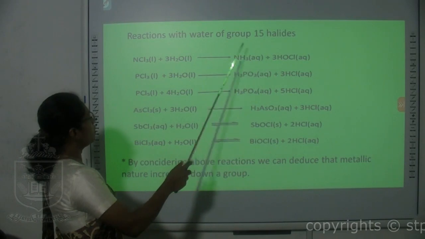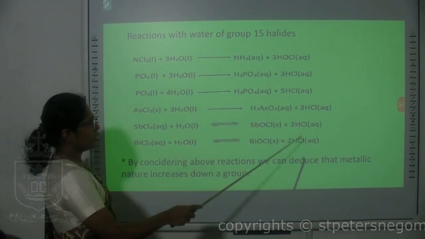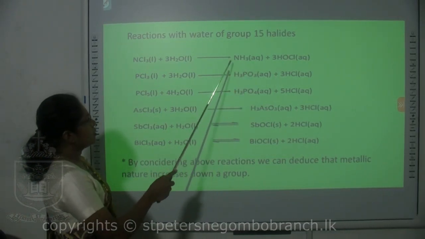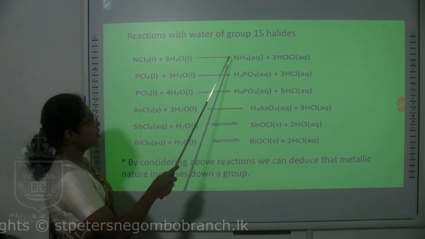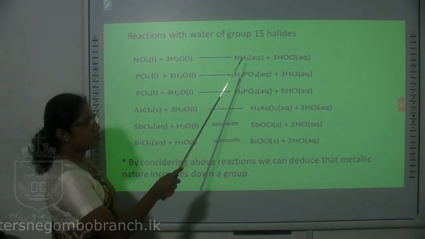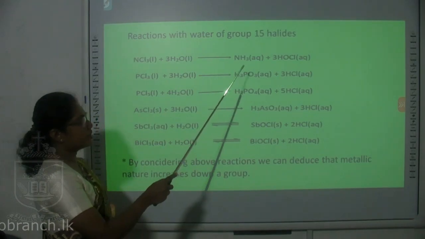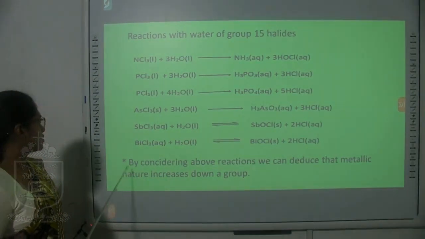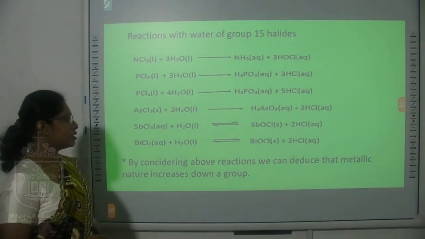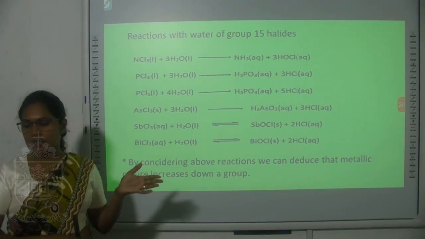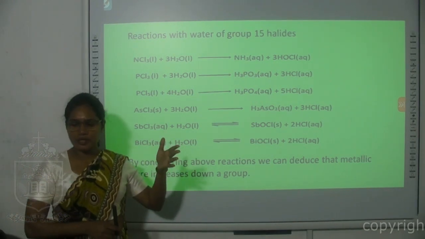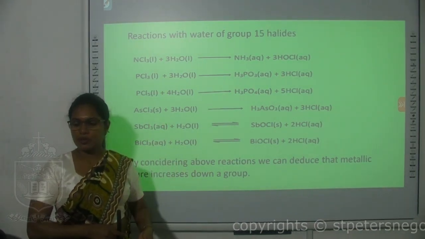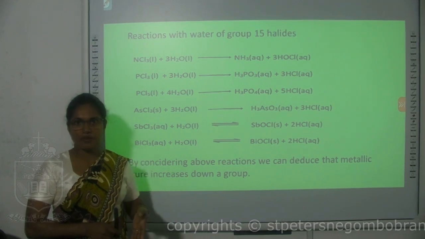Normally in all reactions they form HCl, and here ammonia normally shows basic conditions, but all other products show acidic conditions. So by considering these reactions, we can deduce that metallic nature increases when we go down from top to bottom of the relevant groups.